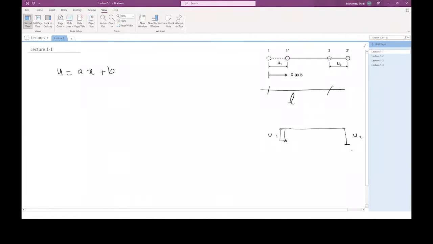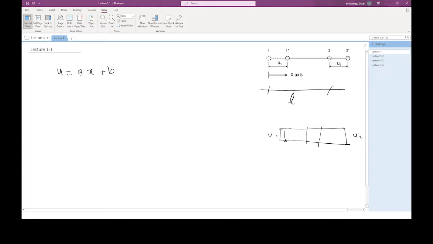Then the displacement within the element would be defined across this line. So if you are interested in finding the displacement here or here, you can use the equation of the line to identify the displacement at any point within the length of your element. Now, this is a line equation. I'm going to define the line equation based on U1 and U2.